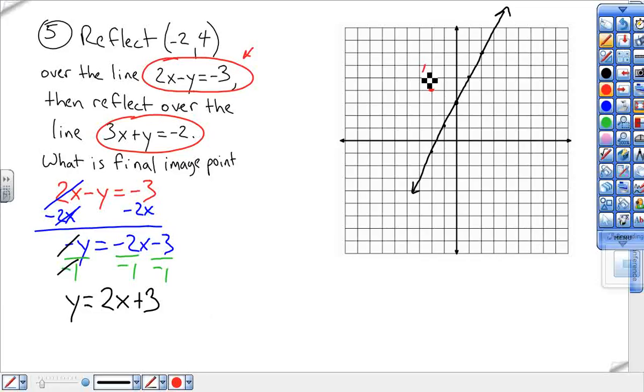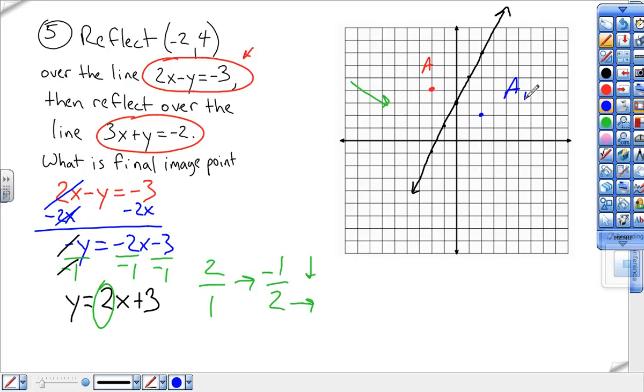We'll call that A. I need to hit that line at a negative reciprocal slope of 2. 2 is made up of 2 over 1, and the negative reciprocal is -1 over 2. So I need to approach that line with a slope of over 2, down 1. That will give me a perfect reflected point. So right 2, down 1. That is the point A prime, the new image.